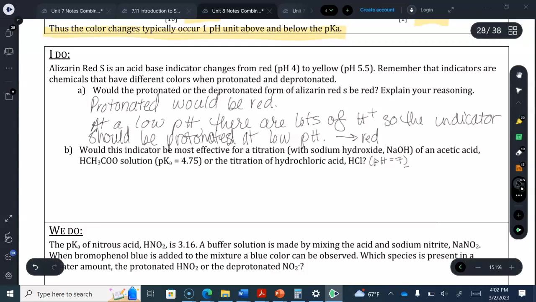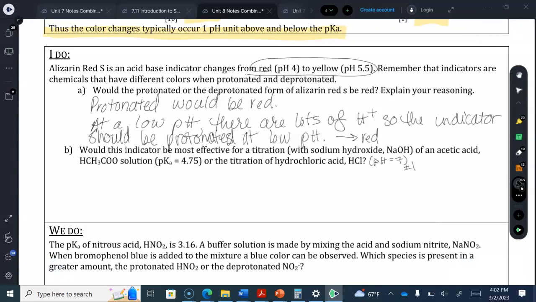So for this one, I would want to see an indicator within plus or minus 1 of 7. Well, the range for this indicator is not anywhere close to 7, but if we look at the acetic acid one, the pH range is within 1 of the pKa value of the acetic acid solution.